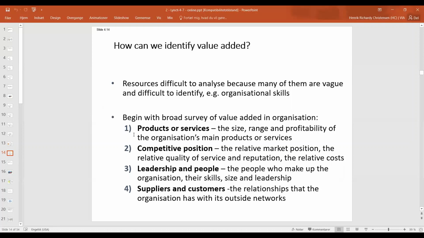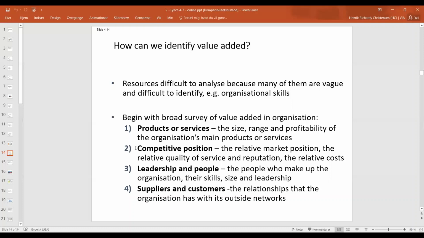And he suggests that we try to look at the size we have, the range and profitability of those main products and services that we have, because that helps us to understand where it is again that we create a margin. That means create a profit. And if we create a profit based on specific products and services, then that indicates that we could probably find value added behind those products and services. So that's one way to investigate.